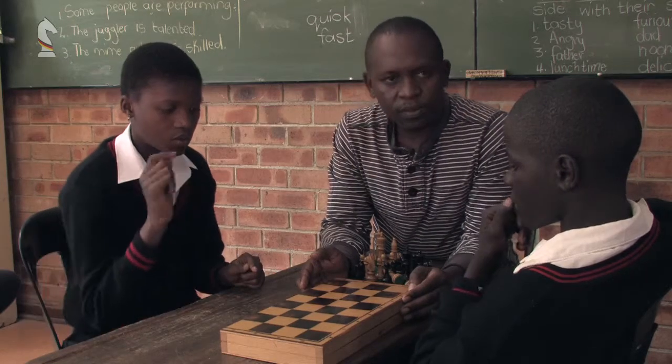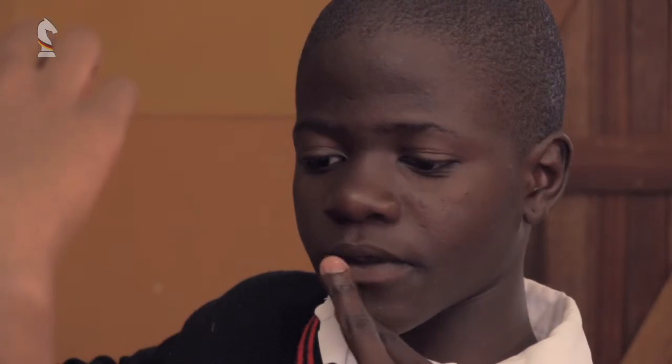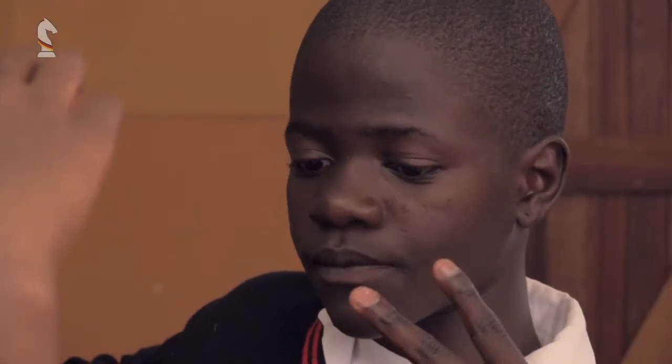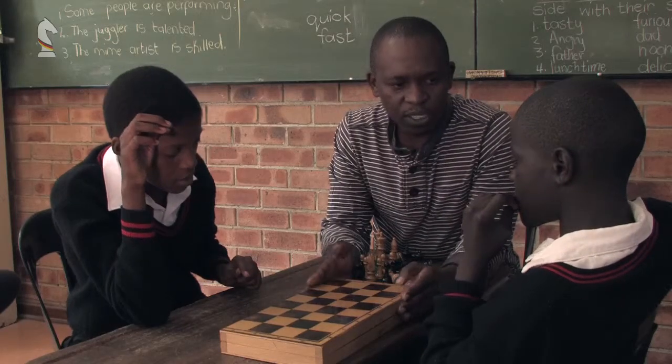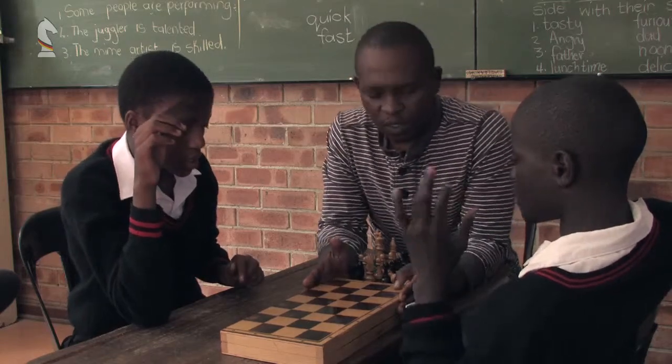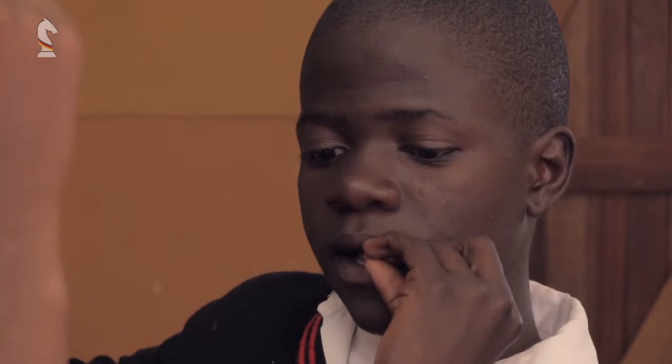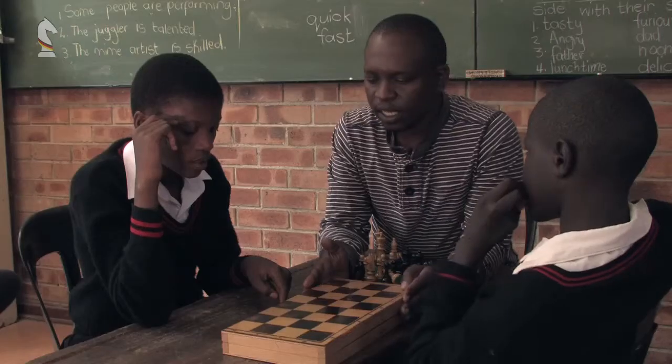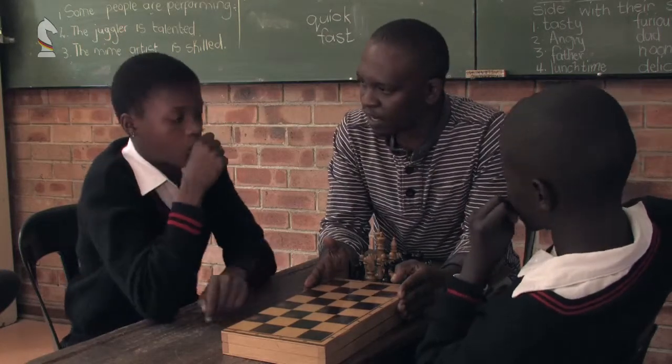No, done by a knight. So where would the knight mustn't go to? It's on c4. It mustn't go to E5 and E3. Mustn't go to E5 and E3.